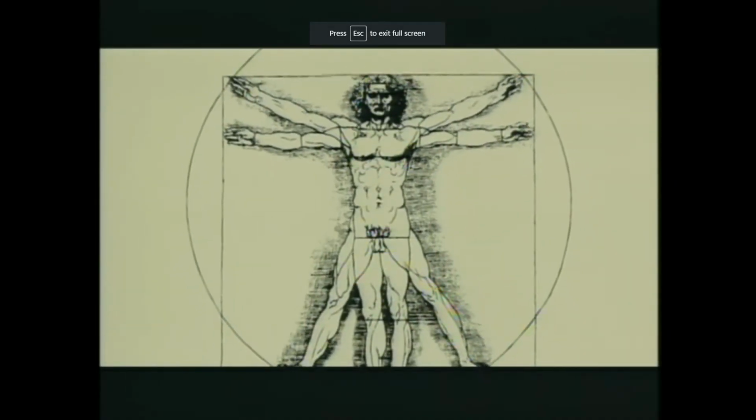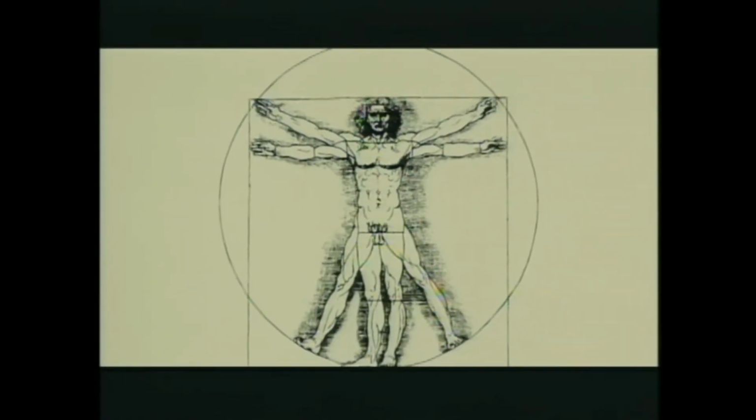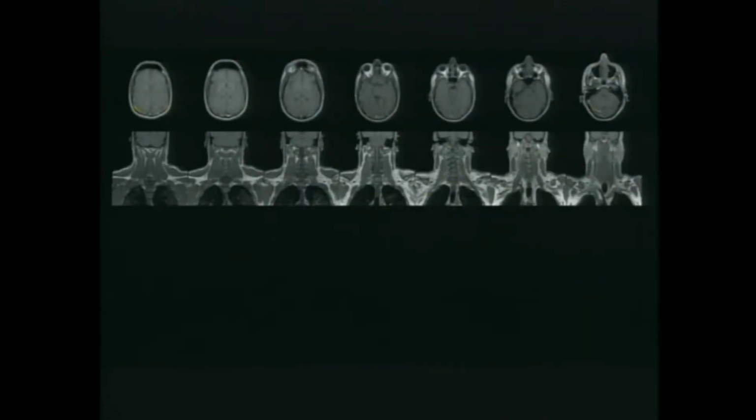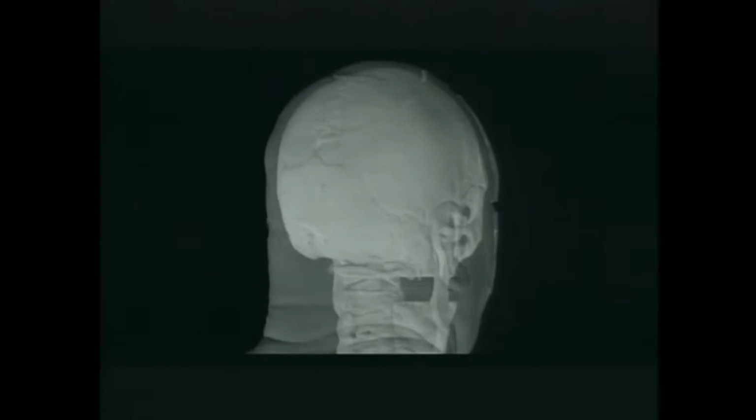In the past, art and science have combined to depict the human body. Now, the visualization of human anatomy has made another giant step. On August 5, 1993, a cadaver was imaged from head to toe with the same magnetic resonance imaging and computed tomography equipment used in medical diagnosis. So much for the familiar.